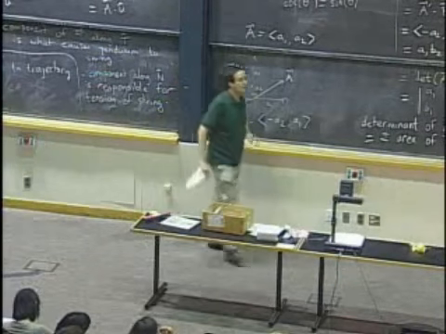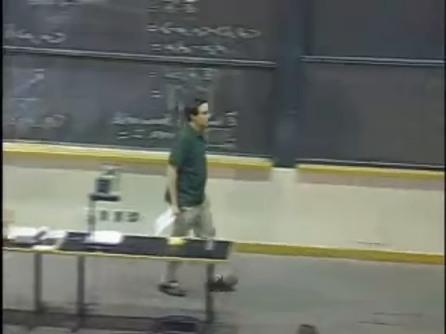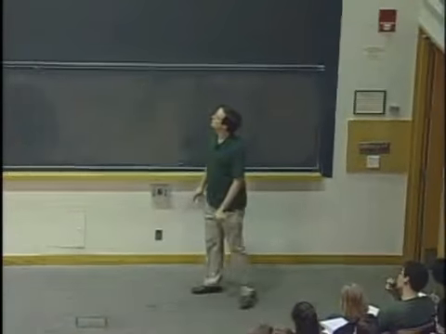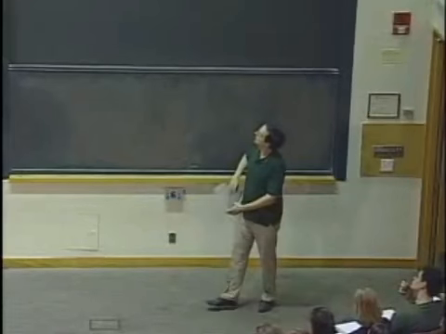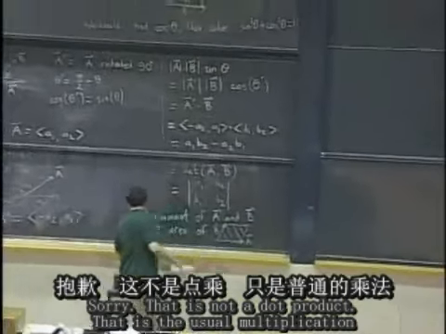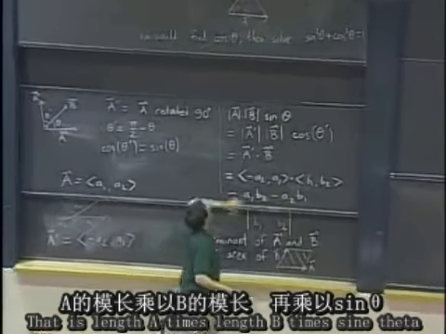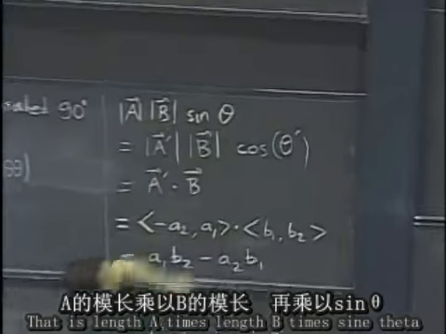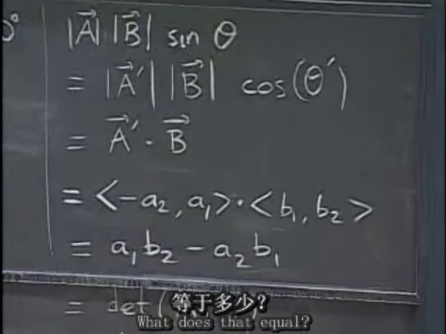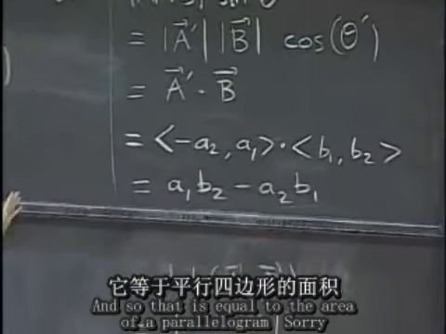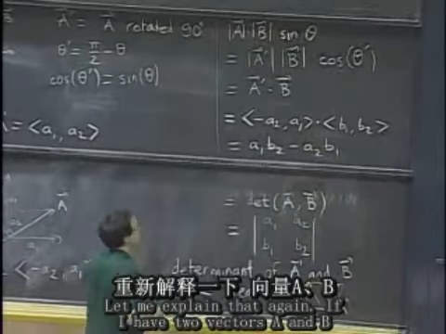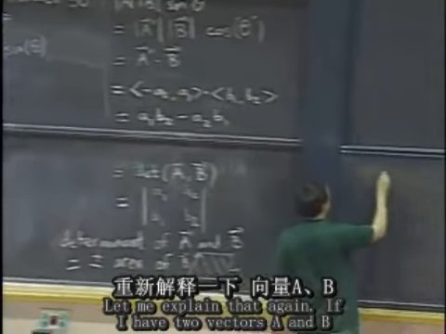Yes? You're discussing dot product of A and B on the what is that? Oh, sorry, that's not a dot product, that's a usual multiplication. Okay? That's length A times length B times sine theta. And so that's equal to the area of a parallelogram. So let me explain that again.